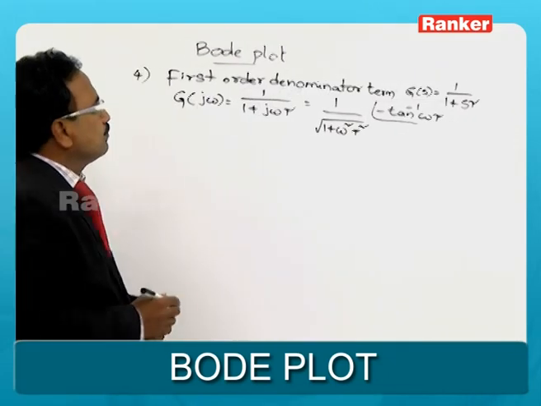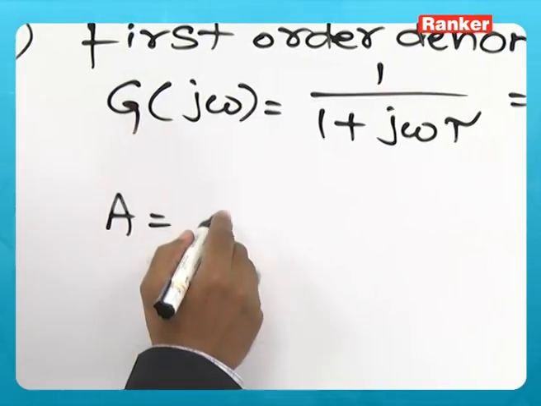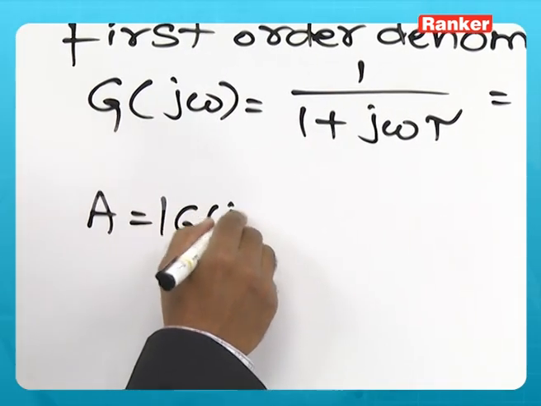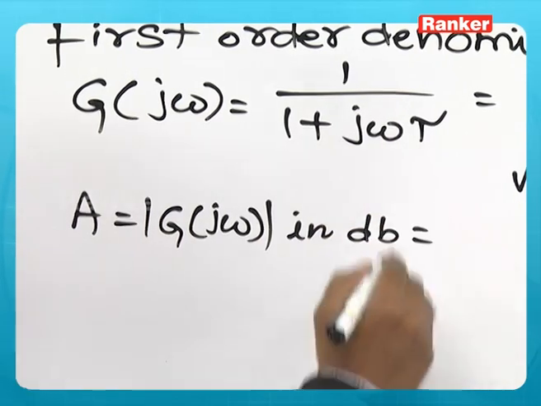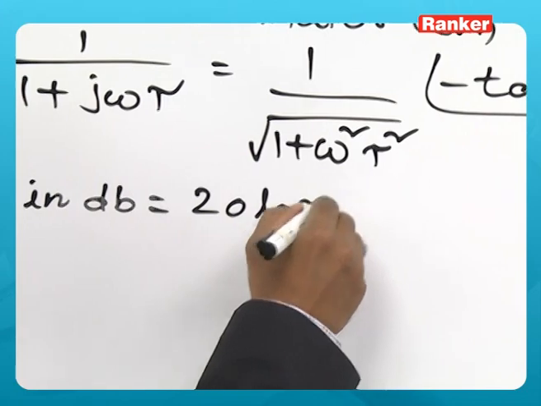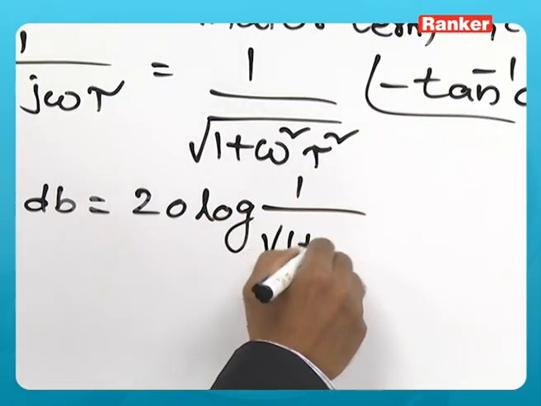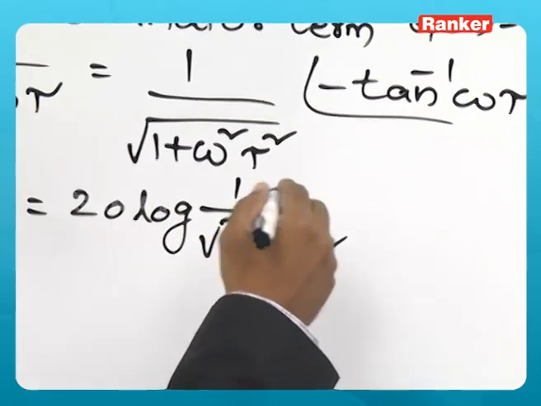So, the magnitude A is nothing but the magnitude of the function in decibels. So, I need to apply 20 log to this function, under root of 1 by 1 plus omega square tau square.